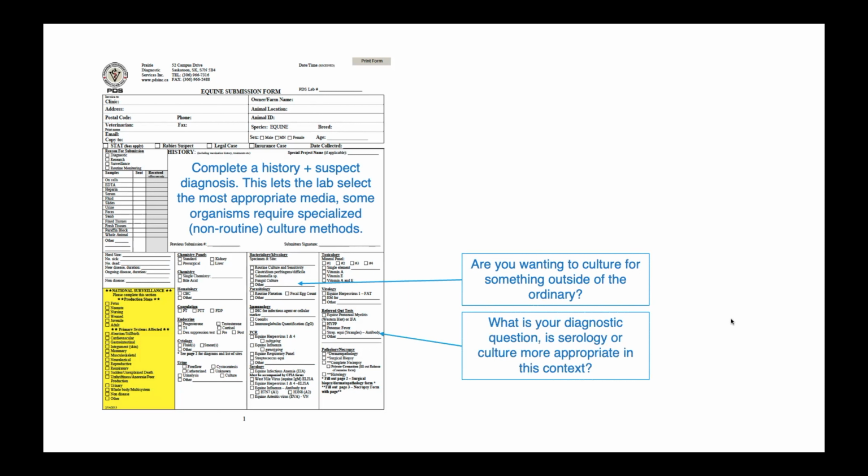This lets the lab know what the most appropriate media are. So many organisms require specialized or non-routine culture methods, and blood and MacConkey simply may not cut it. If there's something in particular that you're looking for, certainly let them know if you suspect some unusual organism. And also consider what tests you want to run.